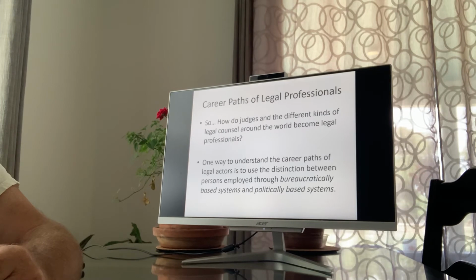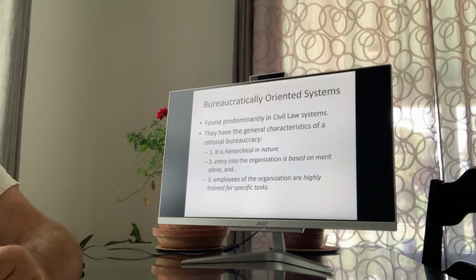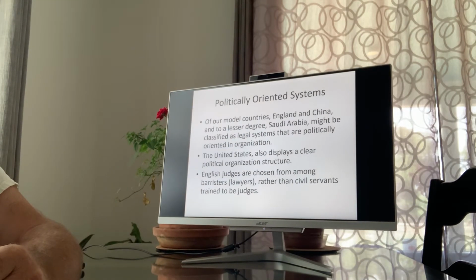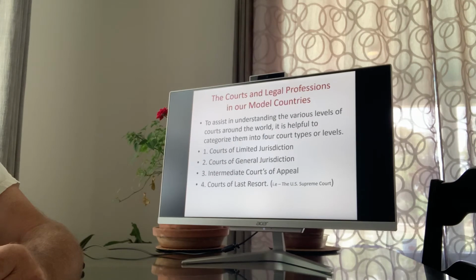Don't worry about the career paths of legal professionals. We're not going to go into bureaucratically oriented systems versus politically oriented systems. Courts and legal professions in our model countries: I want you to understand some of the detail on this slide. These are the 4 court types or levels that are commonplace throughout the world.